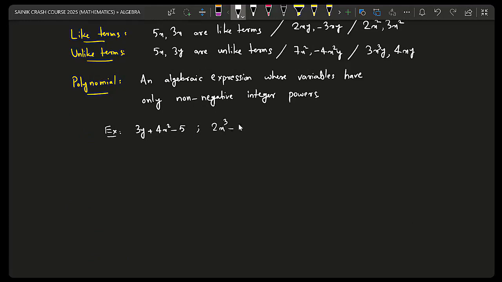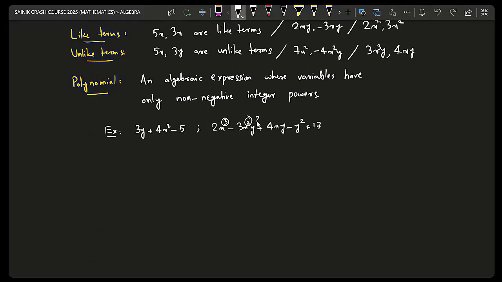2x cube minus 3x square y plus 4xy minus y square plus 17. Whether this is a polynomial or not, we need to check. So what is the condition? Every variable should have a non-negative integer power. So here one variable has power 3, another has power 2.